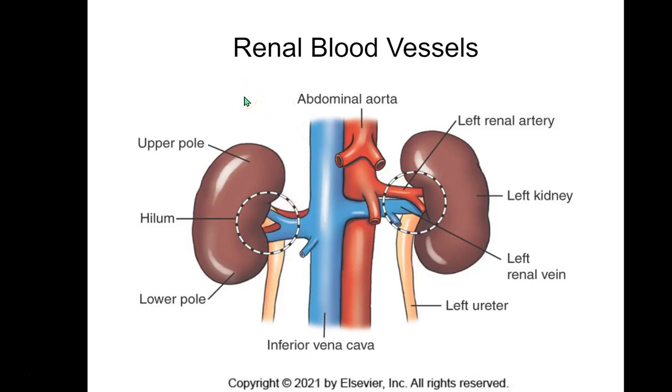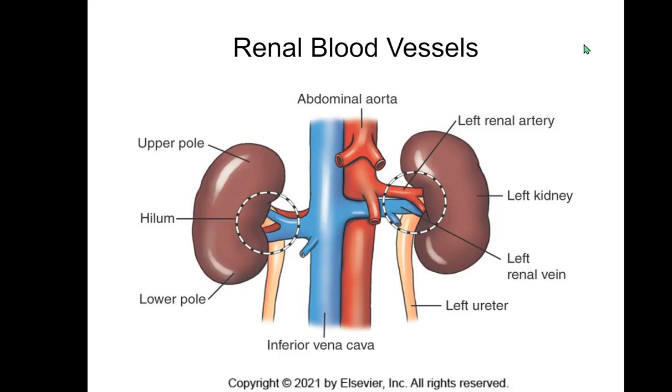So again, blood is received to the kidneys from the abdominal aorta via the renal arteries. Each renal artery branches and rebranches until a vast capillary network is formed within each kidney. Because most of the blood volume that enters the kidneys is returned to the circulatory system, the renal veins must be very large vessels.